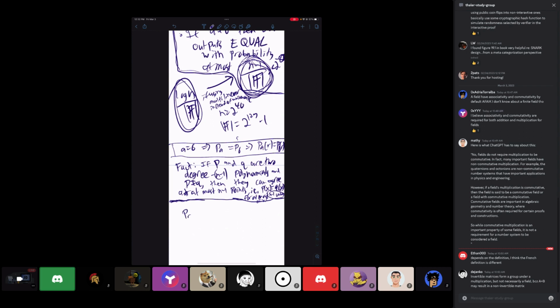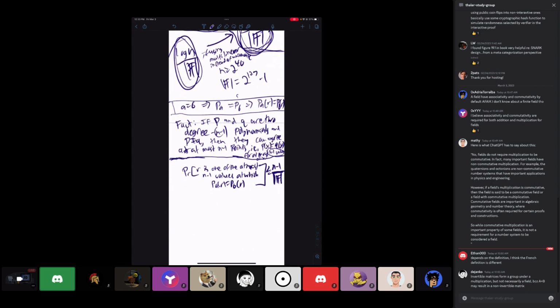So the probability that R is one of the at most n-1 values at which PA of R equals PB of R is at most the number of such values, which is n-1, over the size of the set from which R was chosen, which is the size of the field. So that's the proof of the claim from the fact.